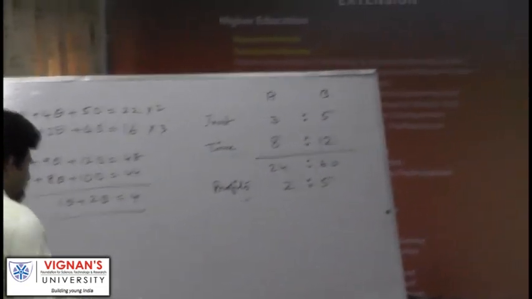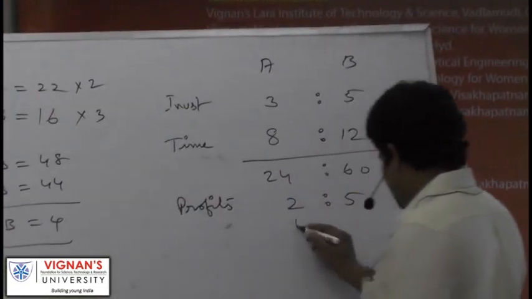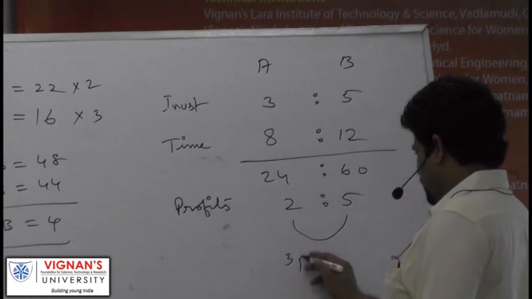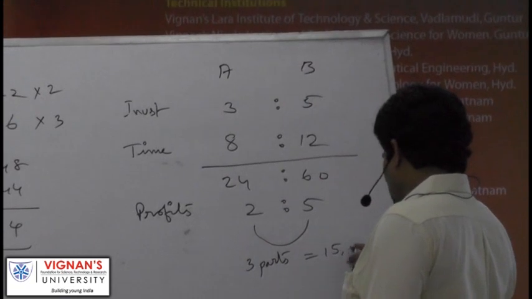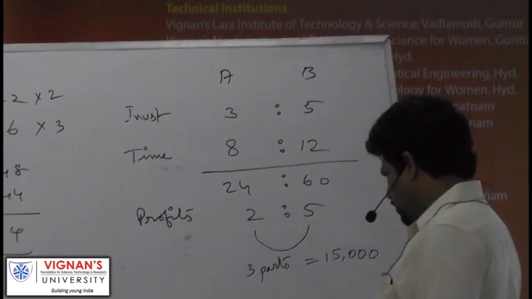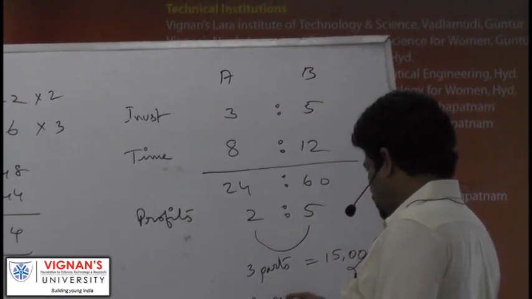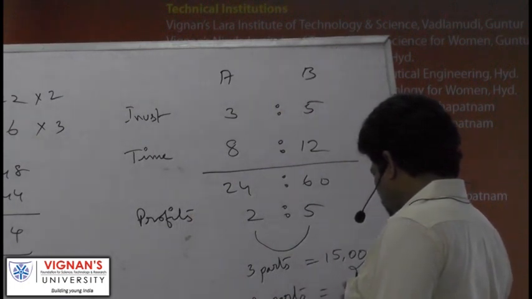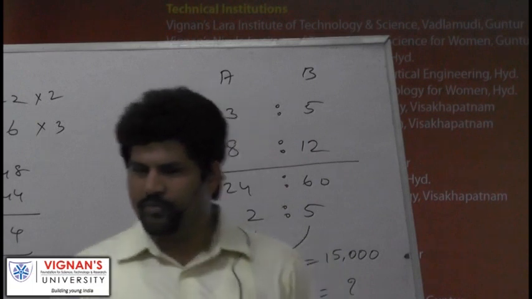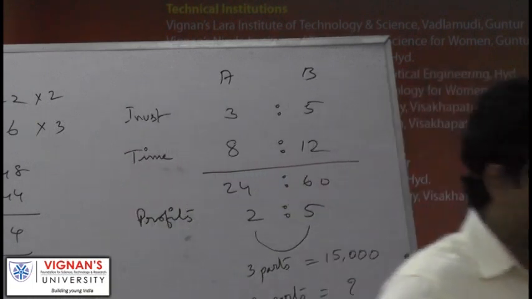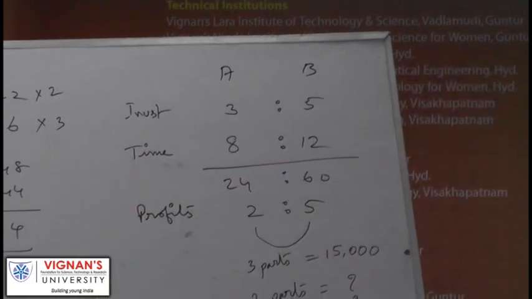Here the difference is 3 parts, and this 3 parts is 15,000. If 3 parts is 15,000, then 2 parts is 10,000. That is the profit of A.